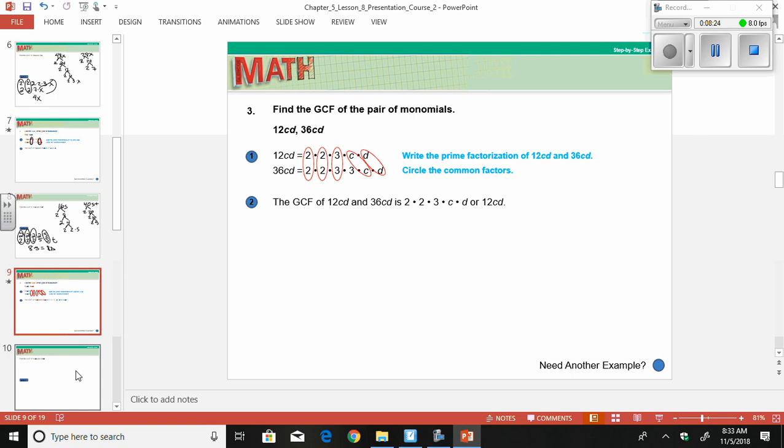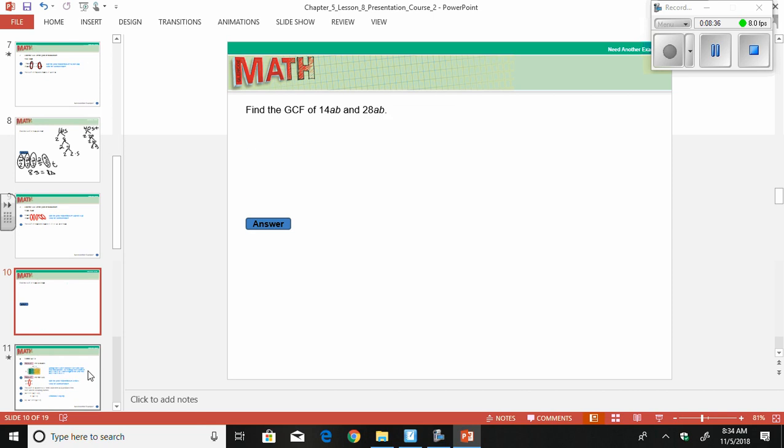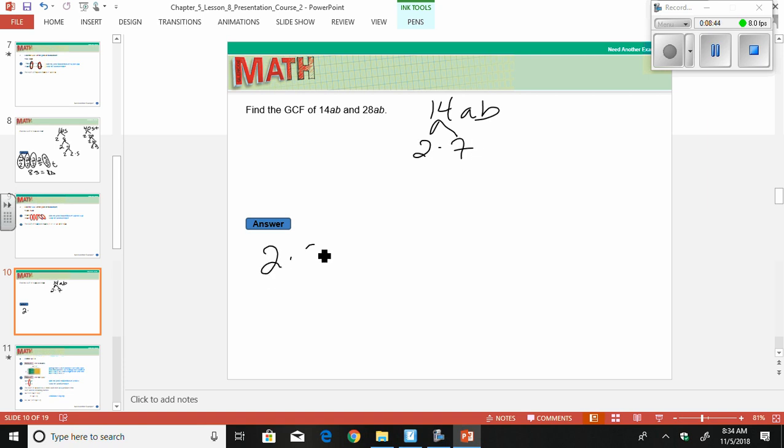Find the GCF of this pair of monomials. So again, find out your factor tree. In this case, we have a 2, a 2, a 3. So 4 times 3 is 12 times C times D, so 12CD. Here we have 14AB, 2 times 7. We have 2 times 7 times A times B, 28AB.